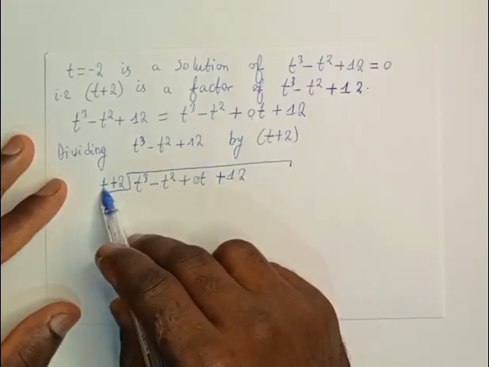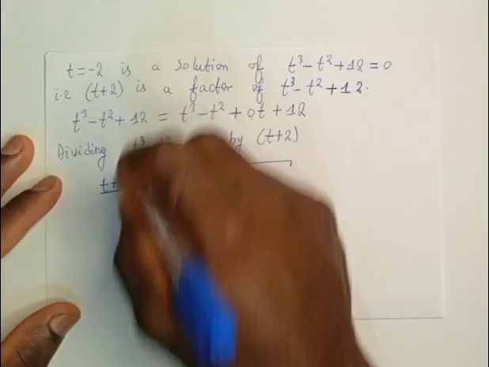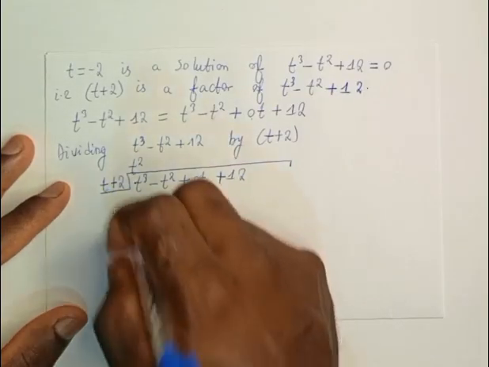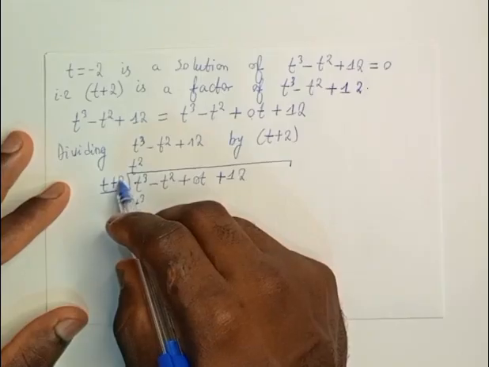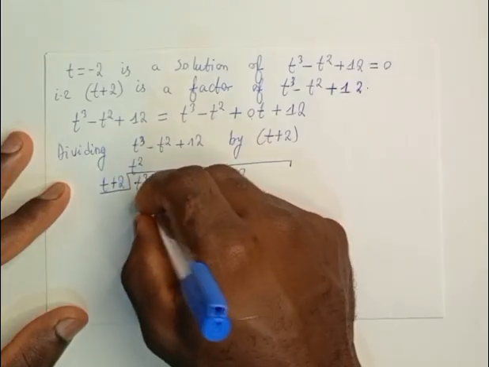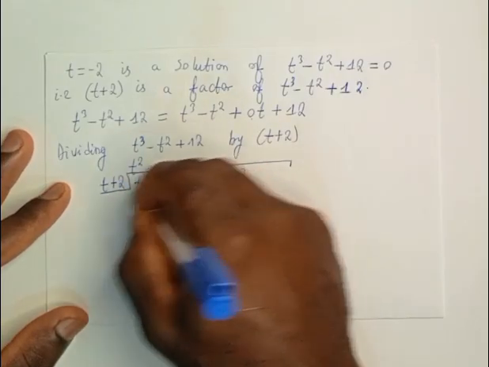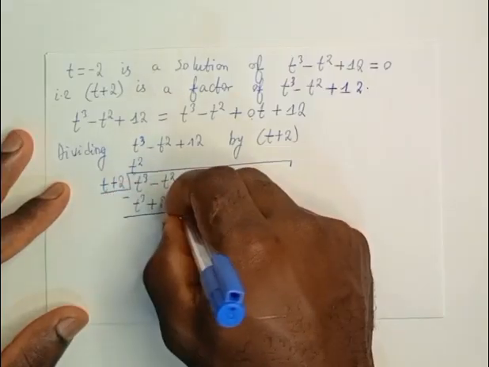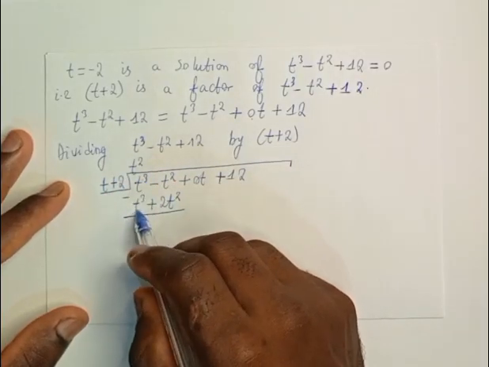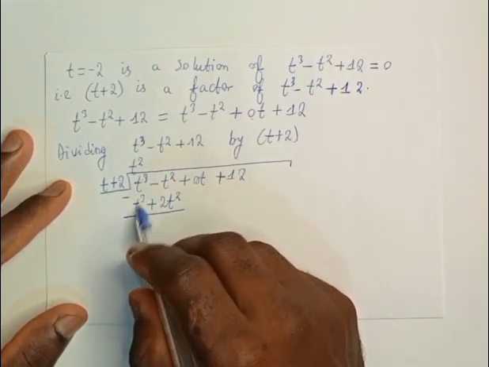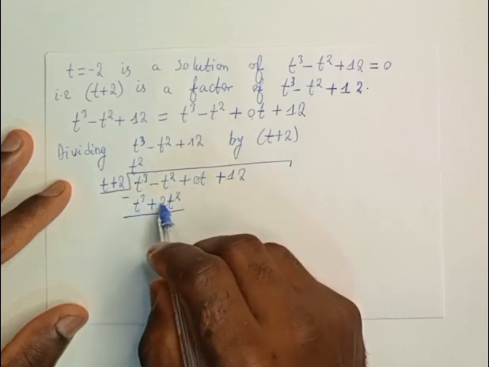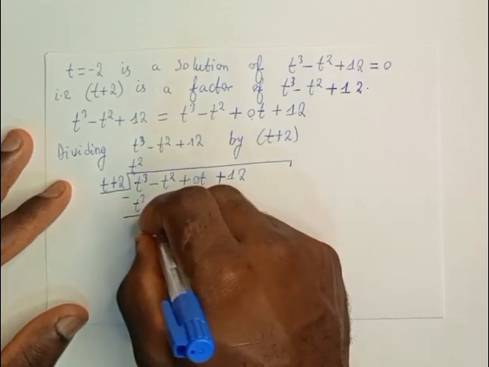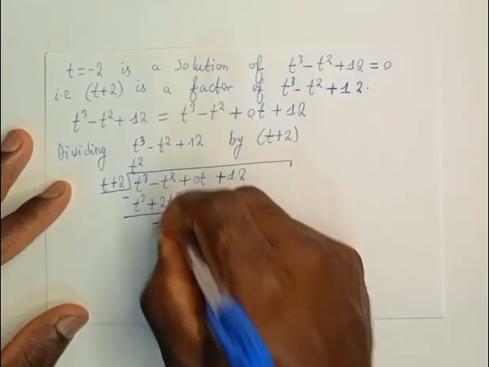t cubed divided by t gives us t squared. t squared times t gives t cubed. t squared times 2 gives us plus 2t squared. Next we subtract. t cubed minus t cubed gives 0. Negative t squared minus 2t squared gives us negative 3t squared.